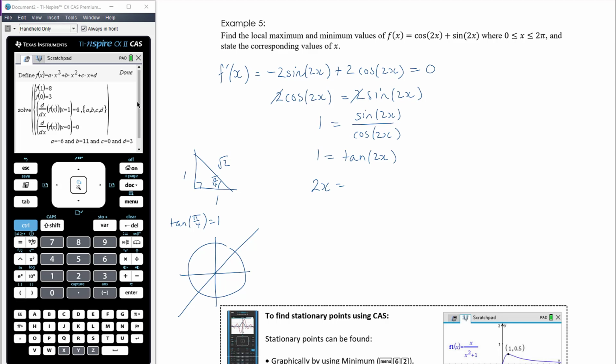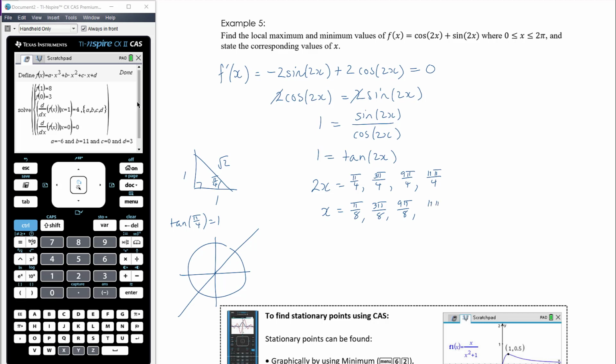So we're going to do 2 complete laps, which means our first solution is pi on 4, our next solution is 3 pi on 4, and then we have 2 pi plus pi on 4, which will be 9 pi on 4, and 3 pi minus pi on 4, which will be 11 pi on 4. And so x will be equal to pi on 8, 3 pi on 8, 9 pi on 8, and 11 pi on 8.